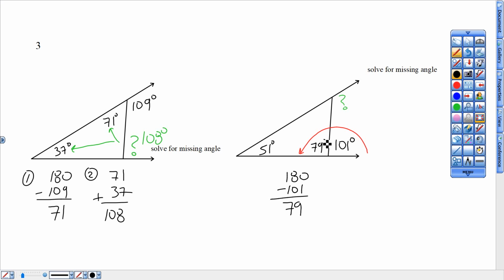And then that outside angle again is formed by adding these two inside angles up. So if I take that 79 and I take that 51 and I add them up, that will give me 130. That's that outside angle right there, where this one is 108. Show that work. All right, here we go.